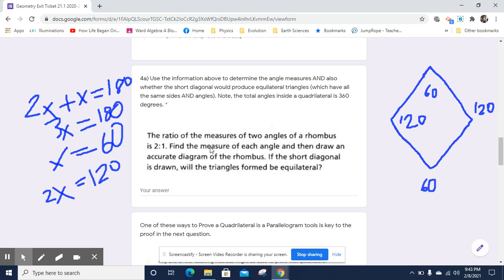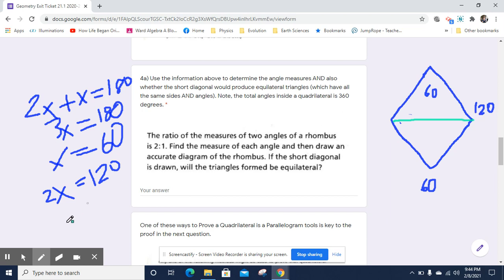So we've just figured out the measure of the angles, 60 and 120, 60 and 120. Now, if the short diagonal is drawn, and that would be across the narrow angle like that. So I don't need that anymore because we know both of them are 120. So I'm going to draw that short diagonal.